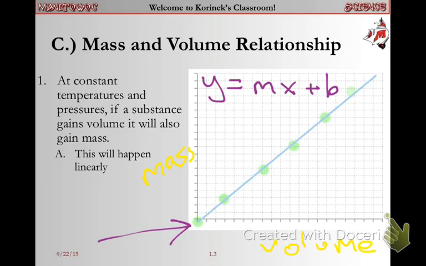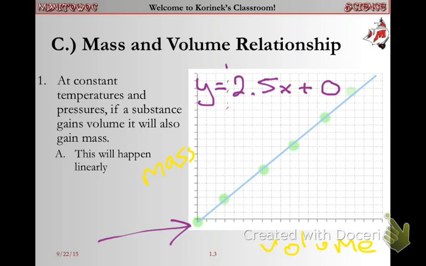Let's say I know the exact equation for my line, and Google Sheets does that for us. Let's say it comes out to y equals 2.5x plus 0, because my y-intercept happens to be 0.